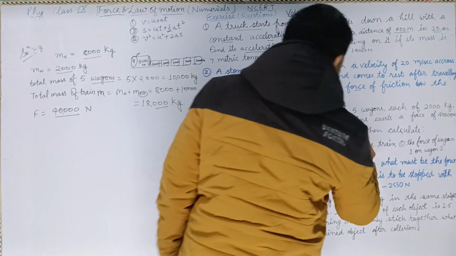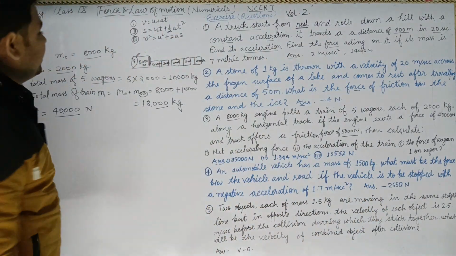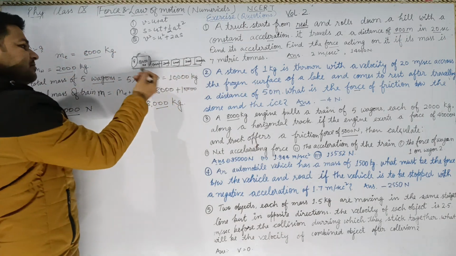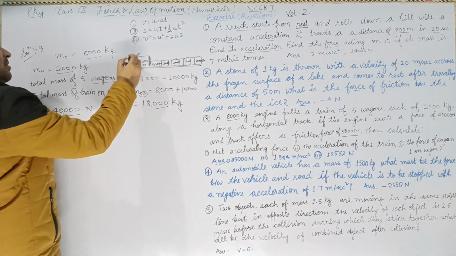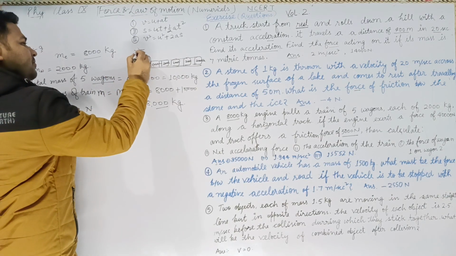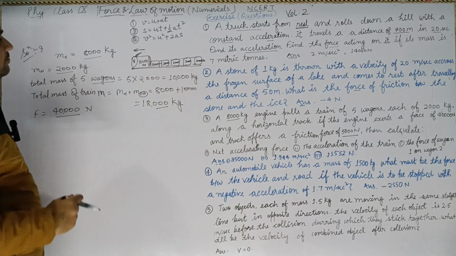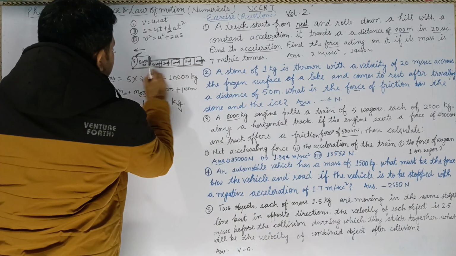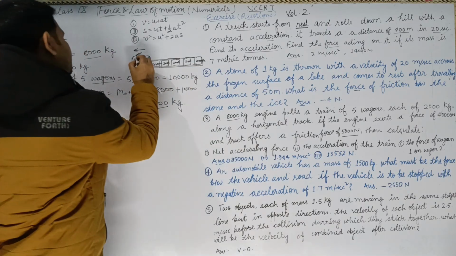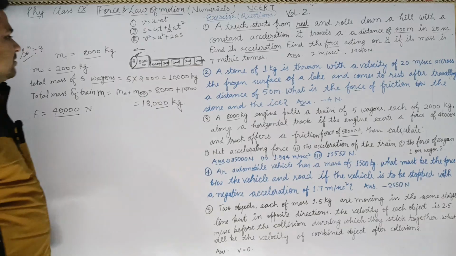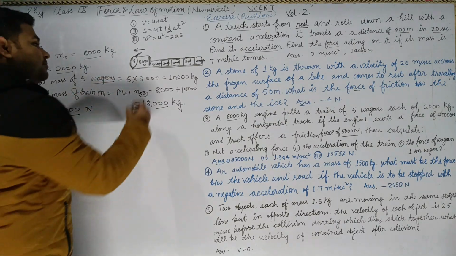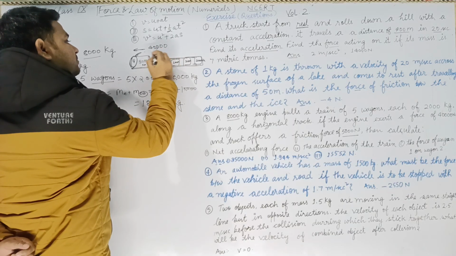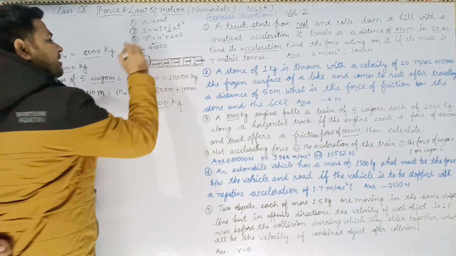When the train pulls all the wagons and goes ahead, it exerts a force of 40,000 Newton in the forward direction.